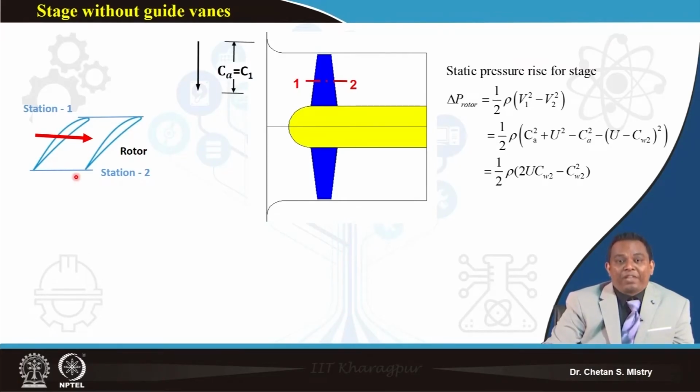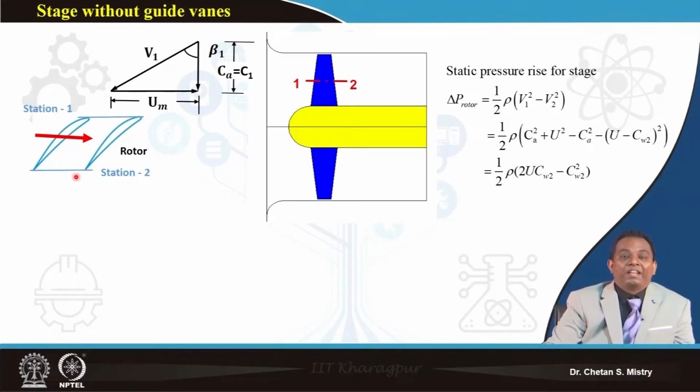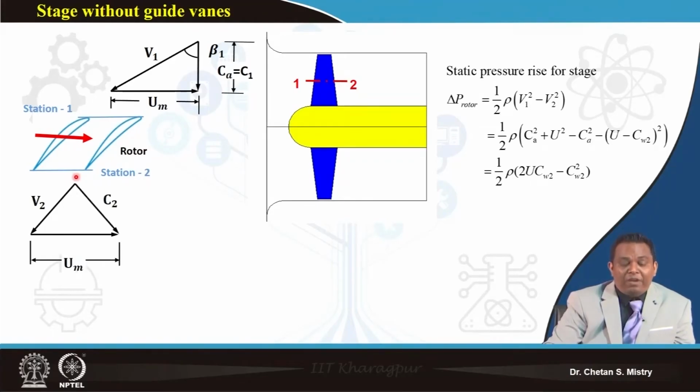I know this is my peripheral speed at the midsection, and this represents my relative velocity component and my blade angle at the entry, or airflow angle at the entry. Now my flow will come out with relative velocity V2, and I will have my peripheral speed, and if I connect them, that represents my absolute velocity component.